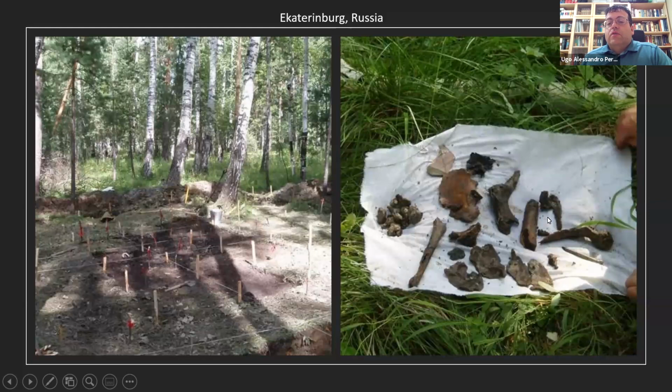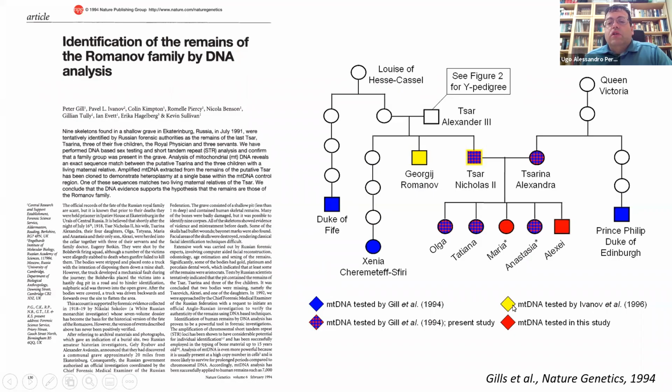So what they did, they extracted mitochondrial DNA from all of the remains, and then they reconstructed pedigree information. So what you have here, right in the middle, is the Romanov family. You have the Tsar Nicholas and his wife Alexandra, and the five kids, the four girls and the last boy, Alexei. And so what did they do? They tested the mitochondrial DNA.